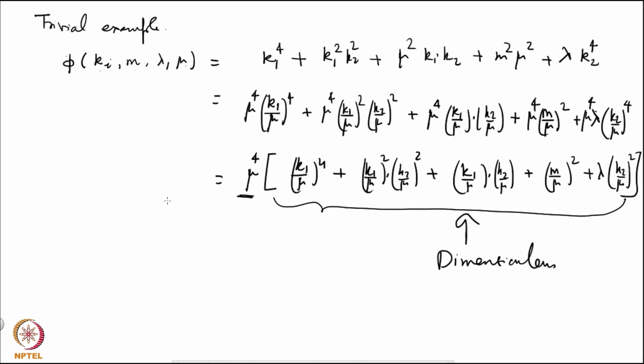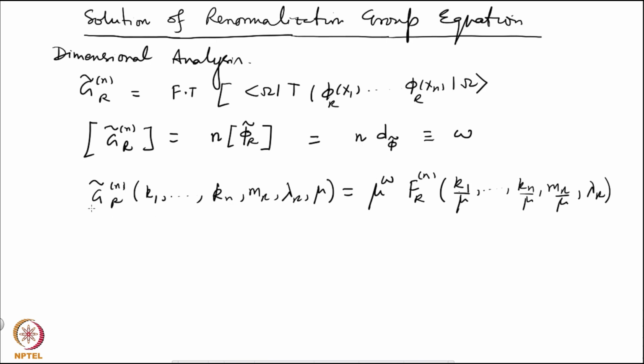And that is exactly what will happen here for the Green's function. So I will be able to write it as this object, which is completely dimensionless, and the entire mass dimension will be carried by mu to the omega. So that is good.